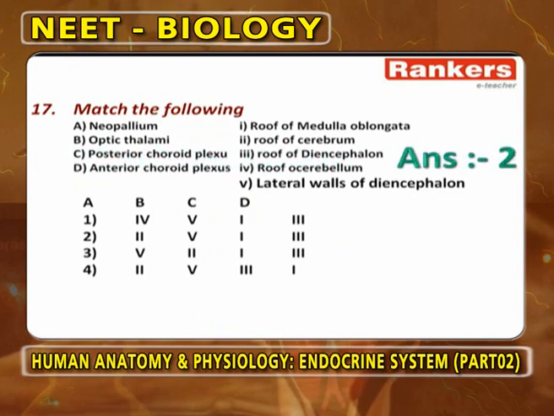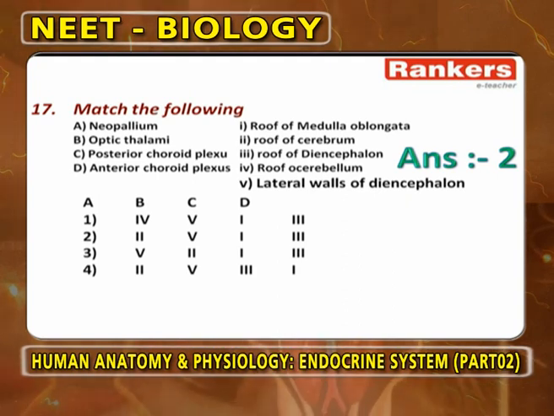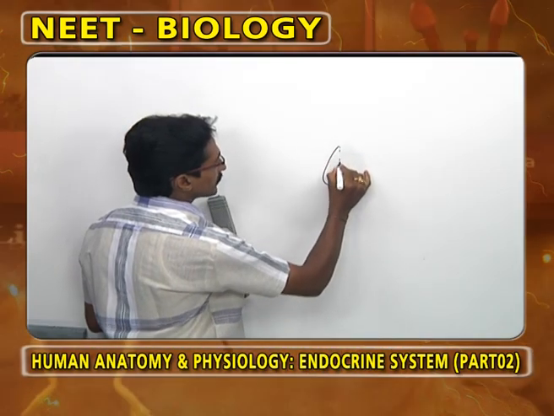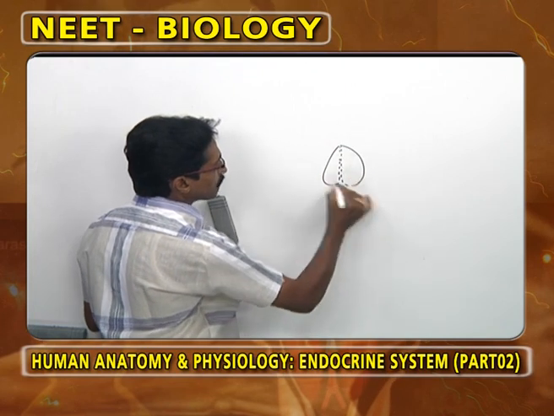Now as we observe list one: neopallium, optic thalami, posterior choroid plexus, anterior choroid plexus. Now this part we call the cerebrum.